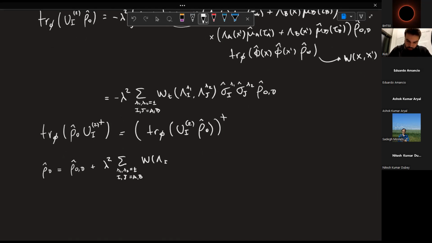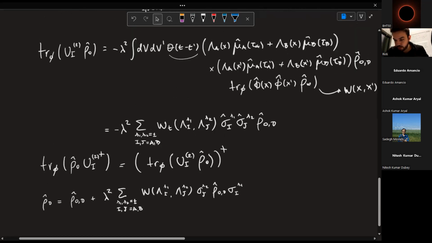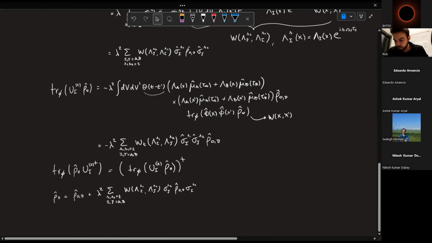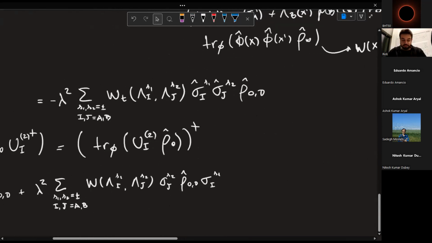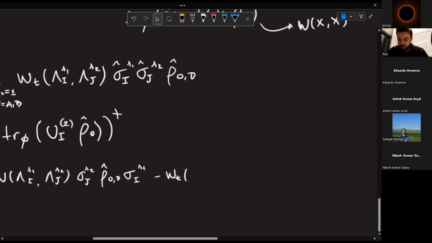And here we're going to have the first term that we had, a W with S1 lambda. I'm changing the I and J and the S1 S2 in this case; you could keep it there, it doesn't really matter. But in my mind, it looks a little bit nicer if we do it like this instead of the order that we used before. Minus W_t of lambda_I S1, lambda_J S2.